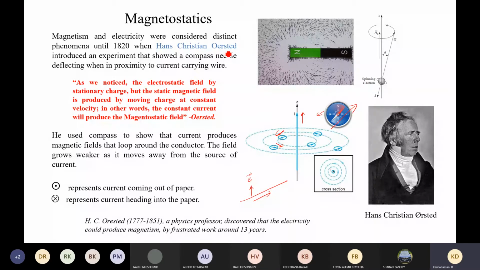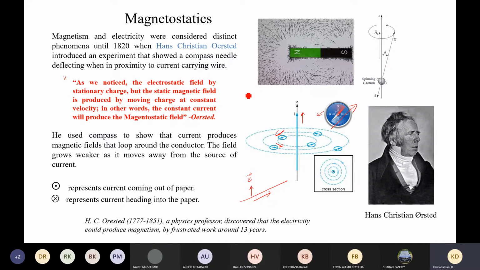Along with that, Biot and Savart also developed the theories in a more mathematical manner. That is how magnetostatics was developed. In Oersted's book, we can see he commented on how the magnetic needle is deflected, and whenever he changed the velocity of the charges, which means the current increases, he found that it is directly proportional.